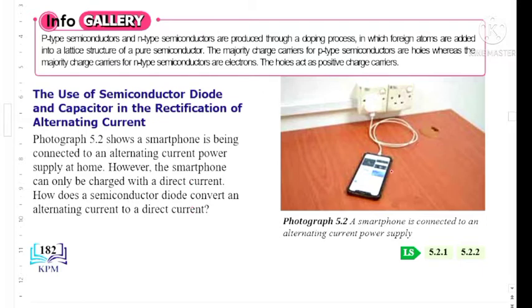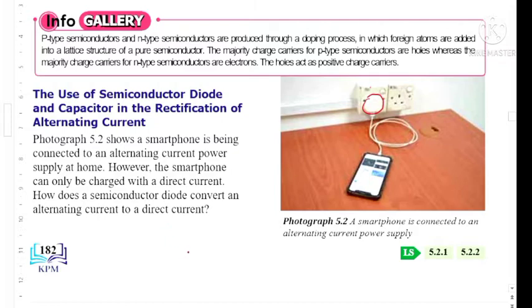So for example here, you can see a smartphone is connected to AC power supply. Means there must be a component in the adapter here, or we call it diode, that able to convert AC to DC to charge the handphone's battery. So how does semiconductor diode convert AC to DC?